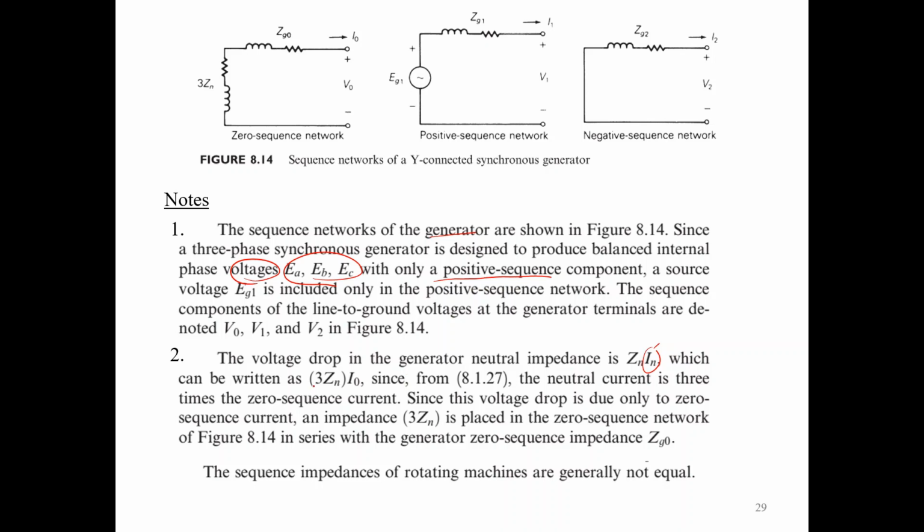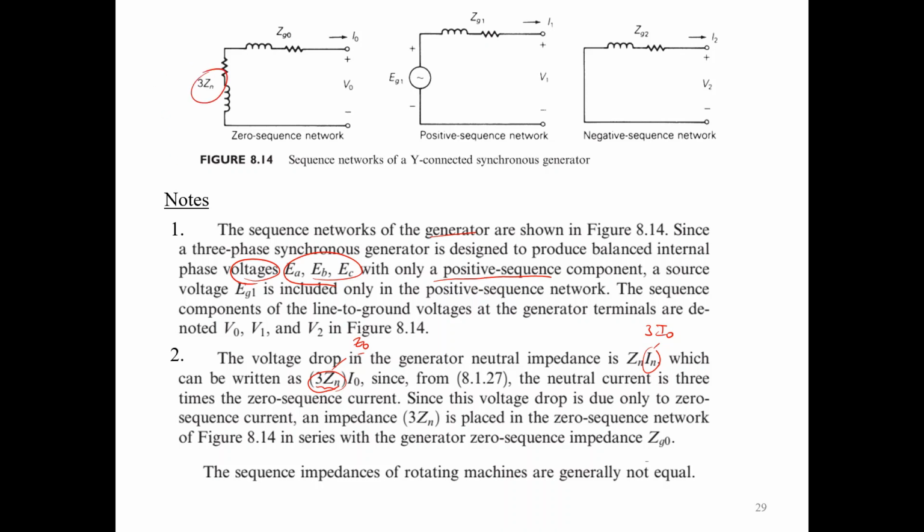Since In is three times I0, you can have this kind of equation. We have three times Zn, which is Z0, the impedance in zero sequence. That's why we put three times Zn in the equivalent circuit over here.